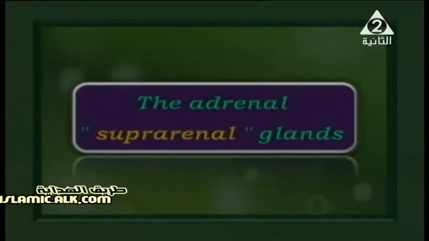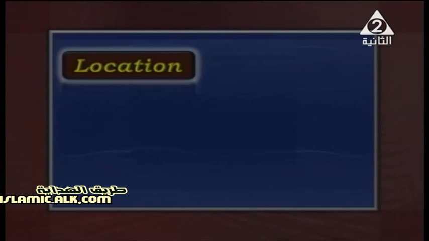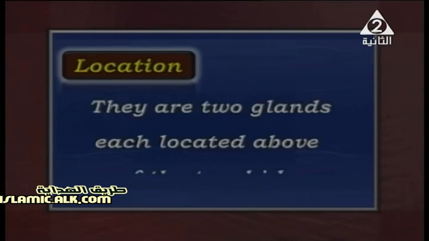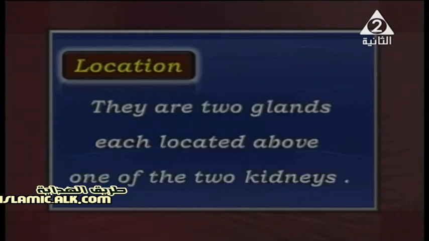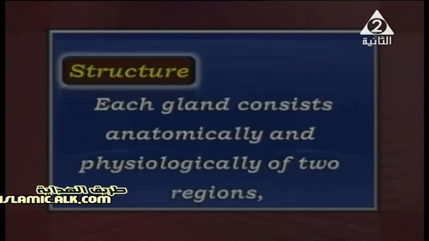The adrenal gland, or the suprarenal gland. We need to know the location, function, and structure. There are two glands, each one of them above one of the two kidneys. As for its structure, each gland consists, anatomically and physiologically, of two regions.